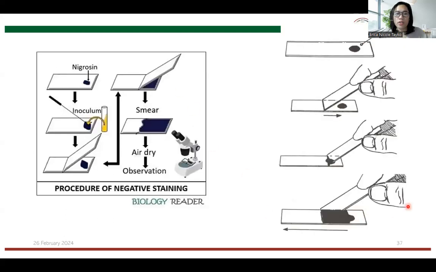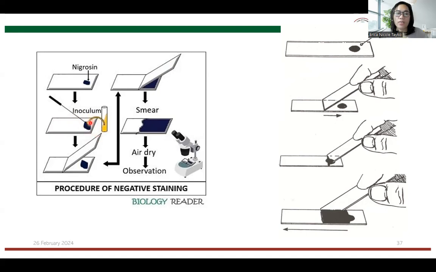Okay, so remember this. This is what you performed in the lab in order to prepare your smear for negative staining. Diba? You used another glass slide in order to slide yung smear and you directly inoculate your dye. So it's not similar to what you usually do na magpa-prepare ka muna ng thin smear and fix it.